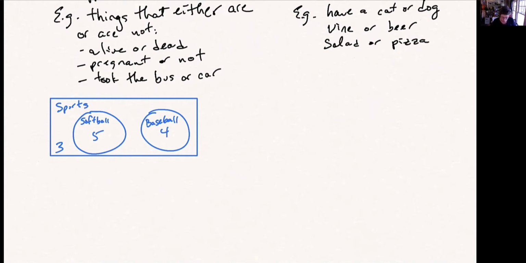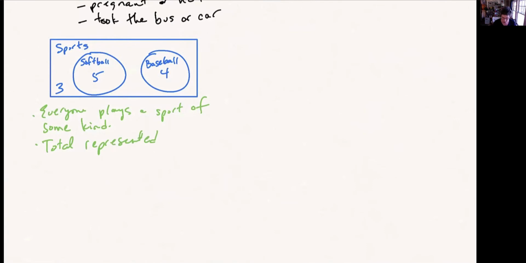Just a few reminders about what this Venn diagram means. Everyone in this Venn diagram plays a sport of some kind. To find the number of people represented, we add up all the numbers we see: 3 plus 5 plus 4.